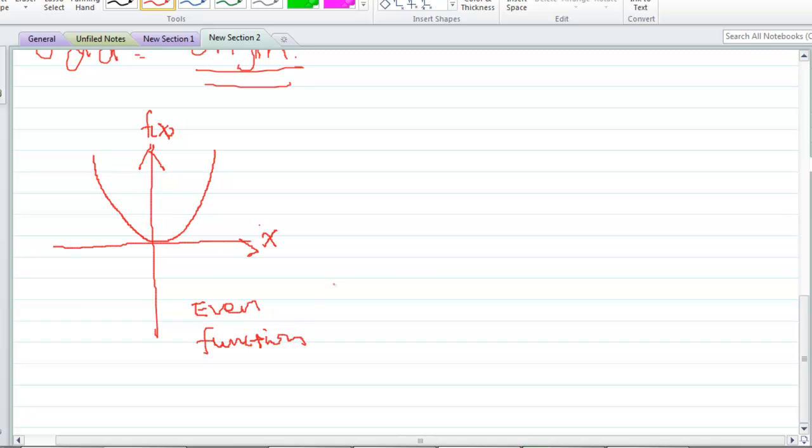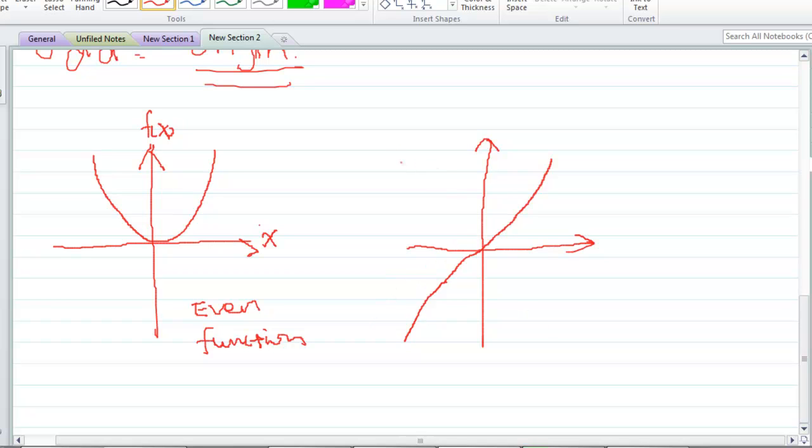And here, an odd function will basically look like this. I tried to draw a curve, but it turns out to be a line. But that's okay. Whether it's a line or a symmetrical curve, that works too.